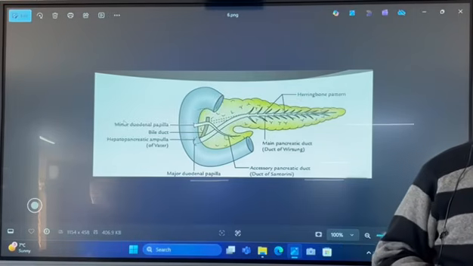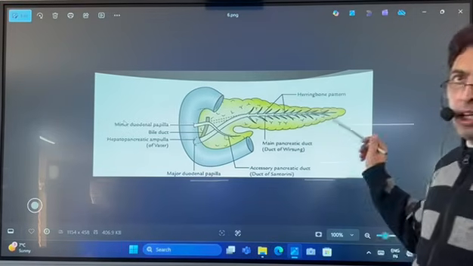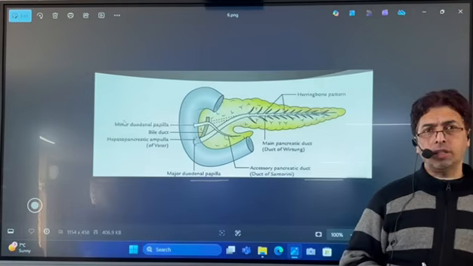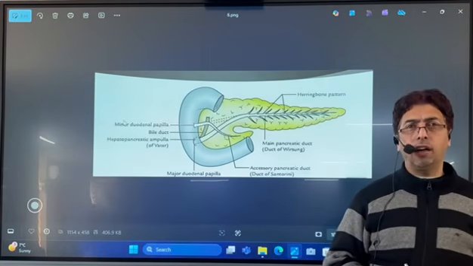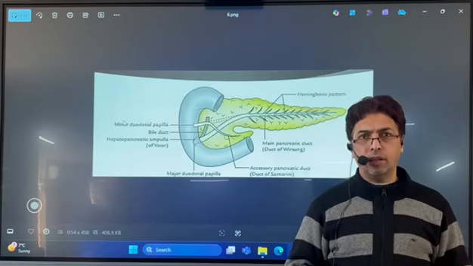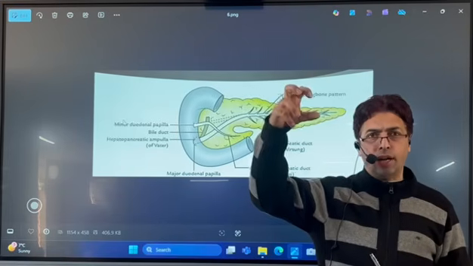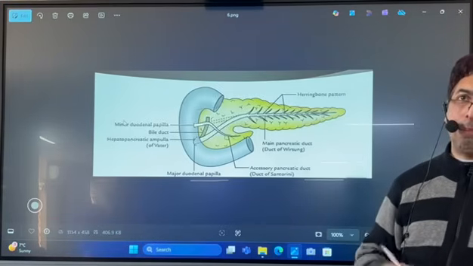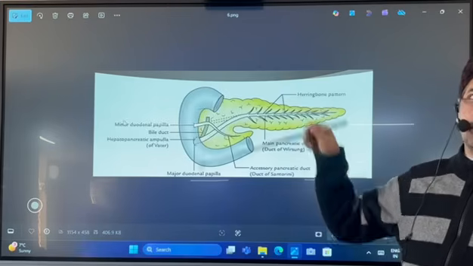So the main pancreatic duct, which is over here, joins the common bile duct and forms the hepatopancreatic ampulla. Both these ducts join and form a sort of dilatation, the hepatopancreatic ampulla: pancreatic because of this duct, hepato because of the bile duct.